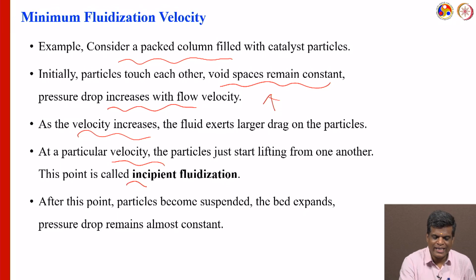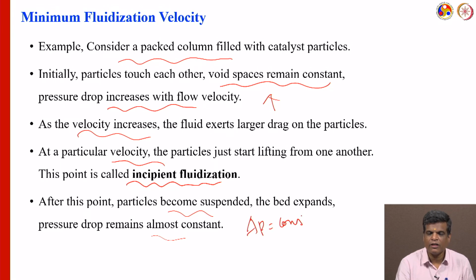That point we call incipient fluidization or minimum fluidization velocity; they are all the same. After this point, if you cross the minimum fluidization velocity, the particles become suspended and the bed expands. Then the pressure drop, delta P, is constant above the UMF, the minimum fluidization velocity.